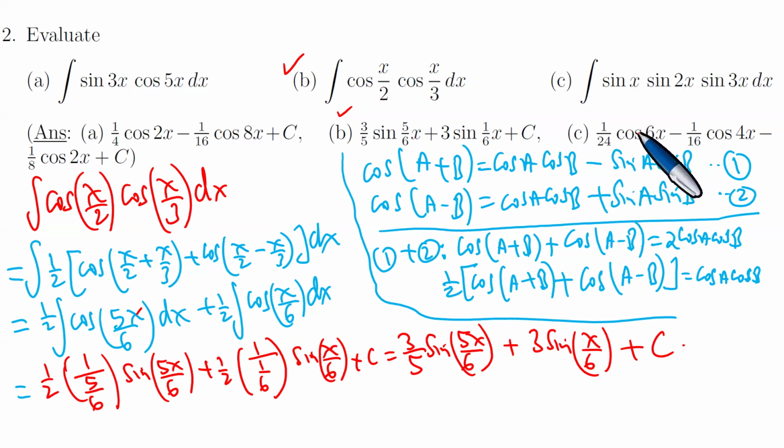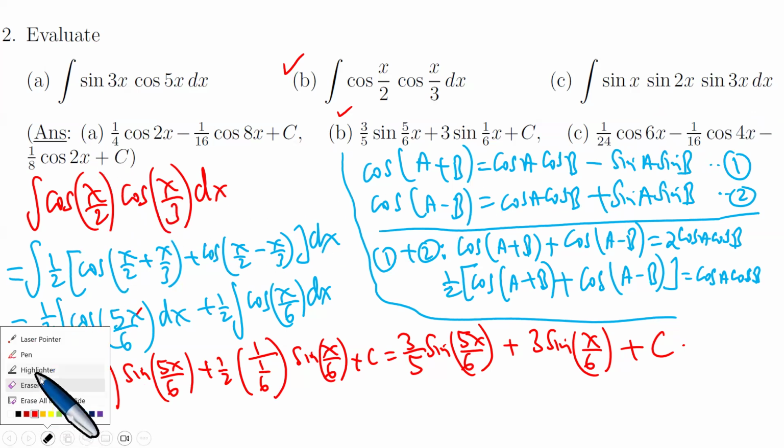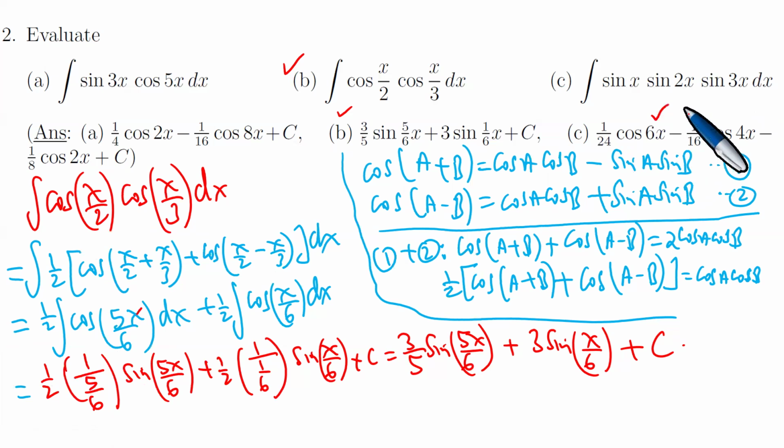So you'd have that this is a 6, and that's a 4, and that's a 2. So you have a 6 and a 4 and a 2.